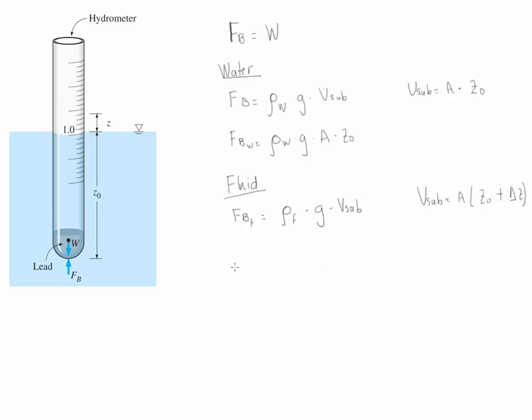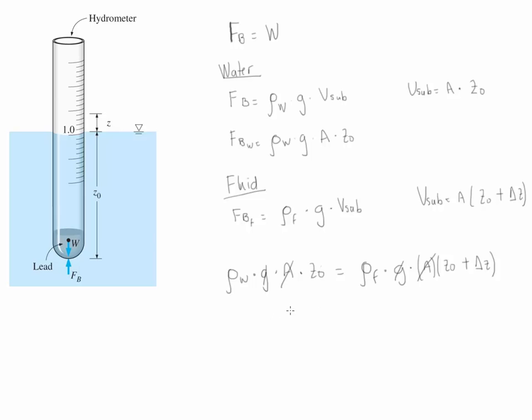Therefore, we could make them equal to each other, and we write density of water, g, A, Z0 is equal to density of the fluid, g, and the volume submerged for the fluid is going to be equal to A times Z0 plus delta Z. The value of g cancels, and since it is the same tube, the cross-sectional area cancels.